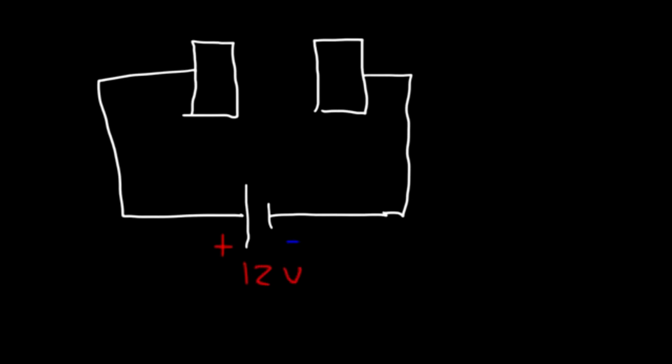Once you connect it, there's a difference in potential. Whenever you have a difference in electric potential, the voltage is not 0, and current is going to flow. If the voltage is 0, then no electric current will flow. One way you can think about this is, let's say you have a level surface with water on it.